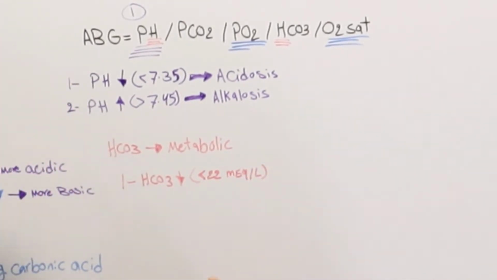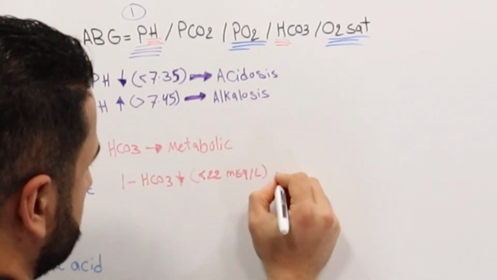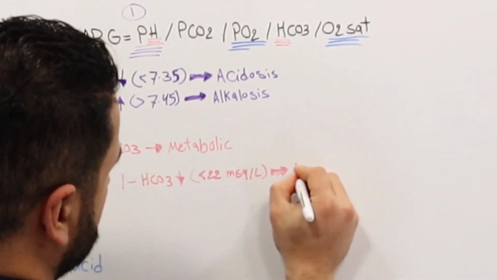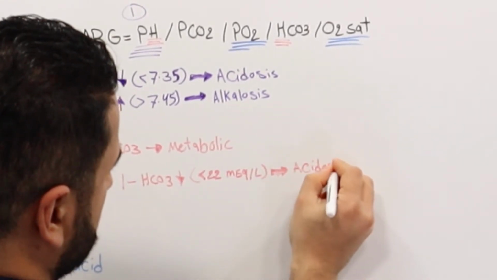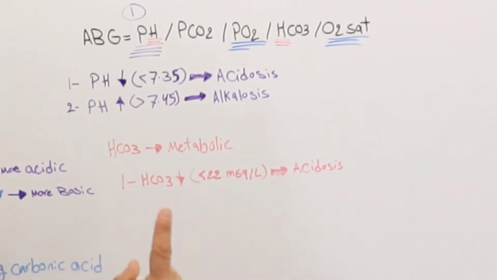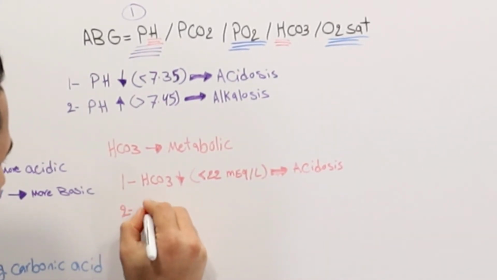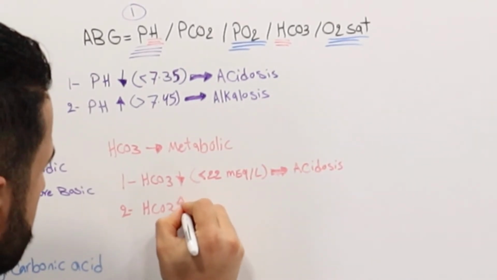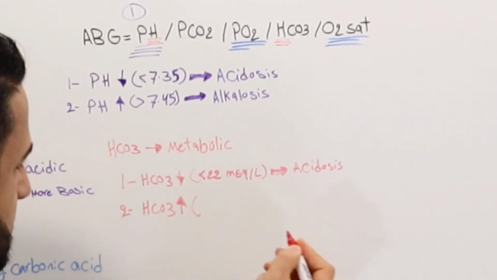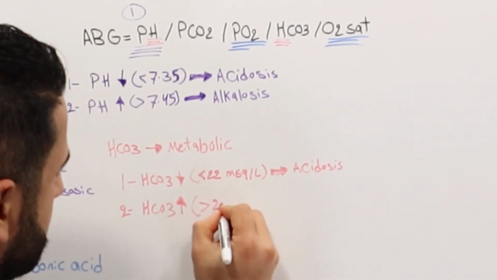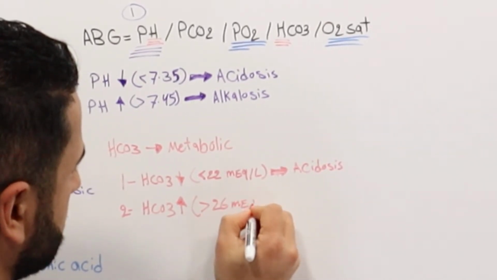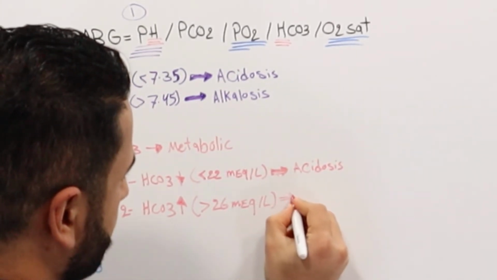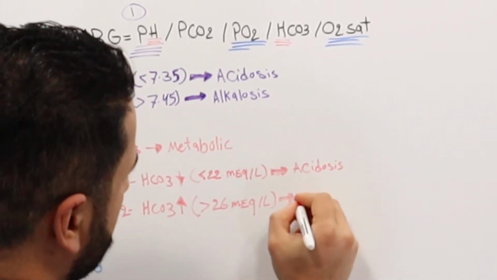This means it's going acidosis as well. And number 2, if bicarbonate is increasing, which means it's going higher than 26 milliequivalent per liter, this means it's going alkalosis.